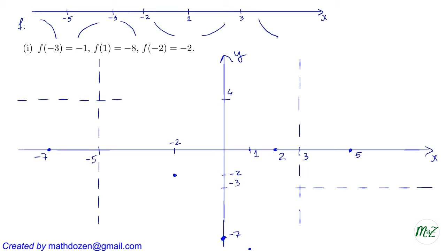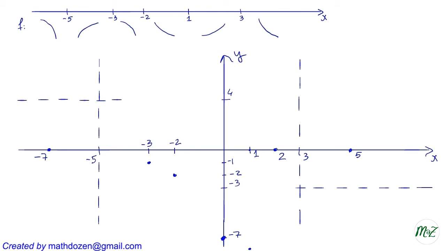So we put all of those things in. So f at -3 is -1, f at -2 is -2, and f at 1 is -8, so -8 is somewhere here. I guess that's all of the information that we need.